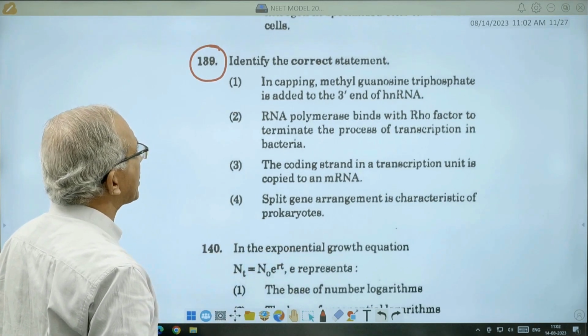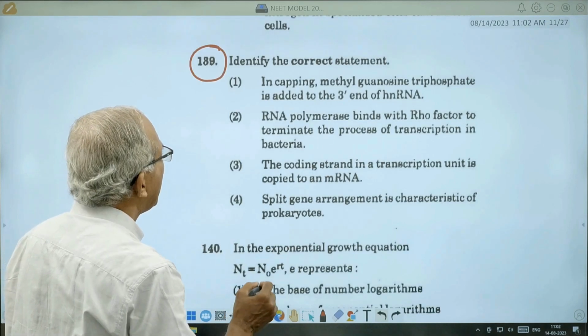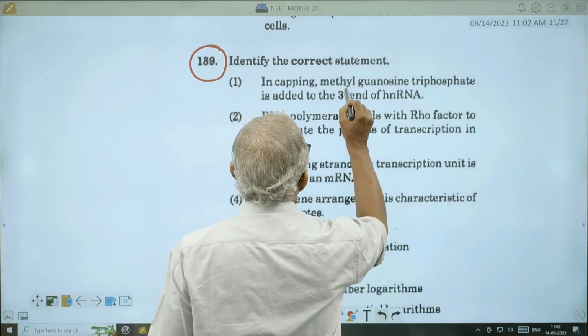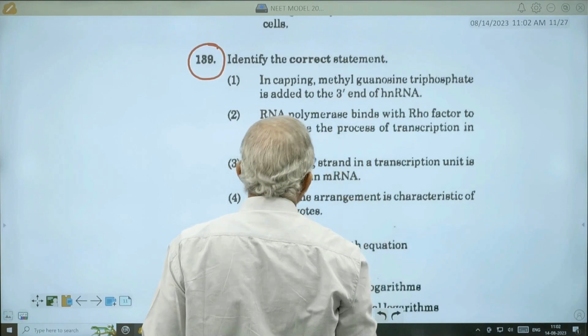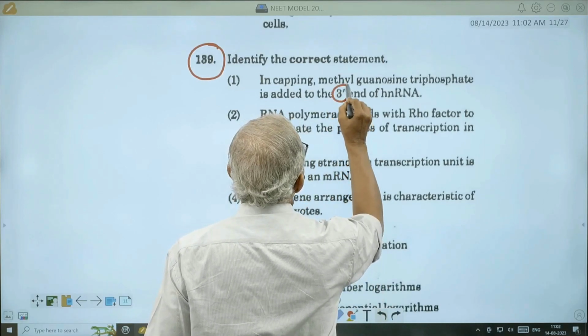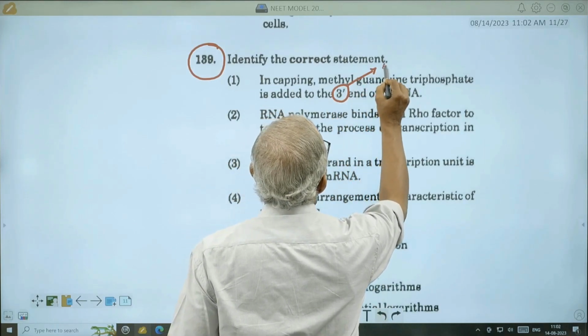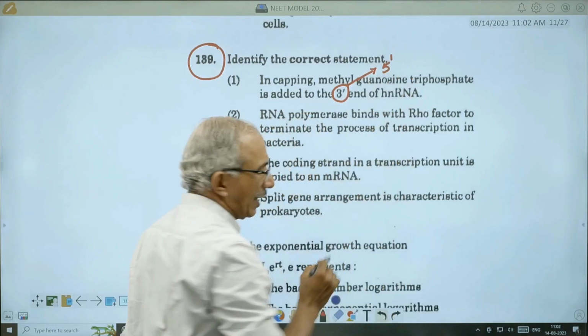Methyl guanosine triphosphate is added at the 3' end is wrong. It is added at the 5' end.